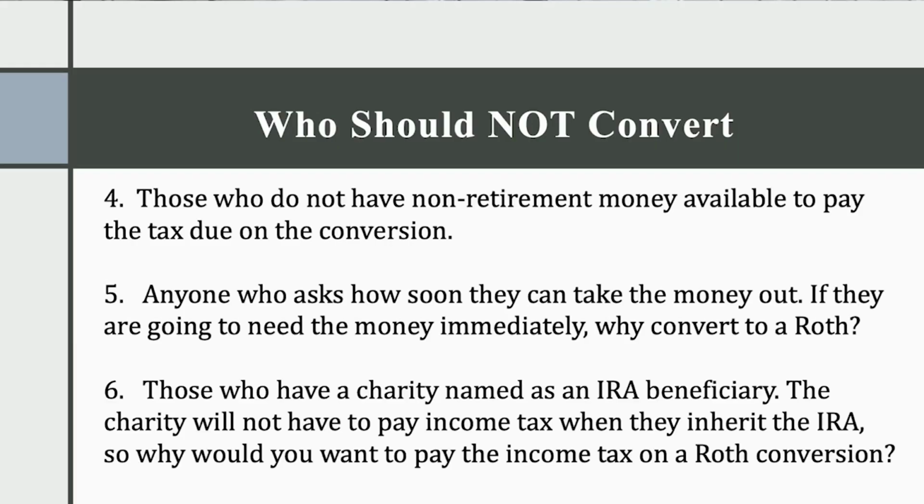Okay. Other people who should not convert, those who do not have non-retirement money available to pay the tax due on the conversion. We just kind of mentioned that. Okay. Anyone who asks how soon they can take the money out. If they're going to need the money immediately, don't convert to a Roth IRA. Here we're starting to get into another topic, the 5-year rule. I'm going to cover that in the next episode.